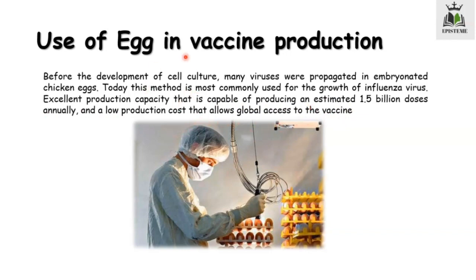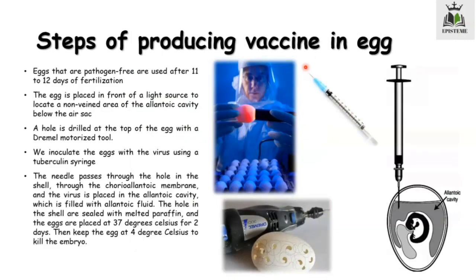For these two reasons, using egg is still very relevant in vaccine production. And usually we prefer to grow the influenza vaccine in the egg.